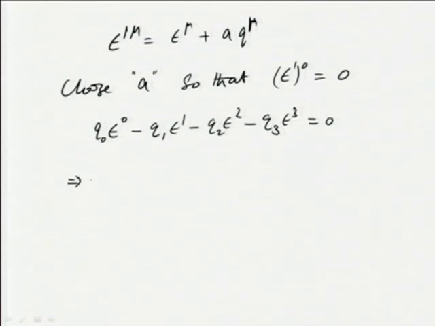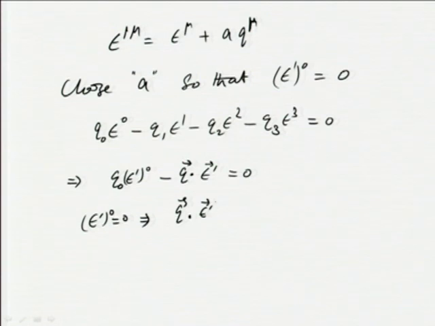So, this actually tells you that q 0 epsilon prime 0 minus q dot epsilon prime is equal to 0. Since epsilon prime 0 is set to 0 by appropriately choosing A, we have q dot epsilon prime 3-vector is equal to 0.